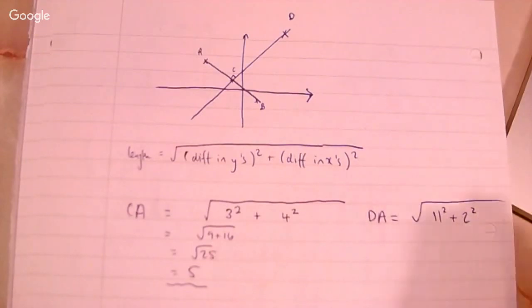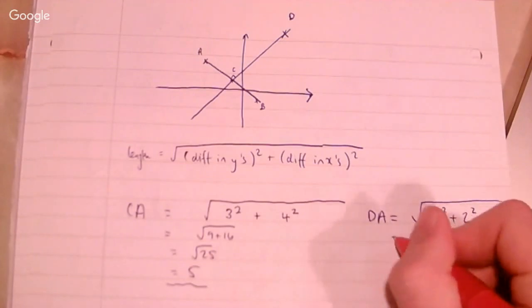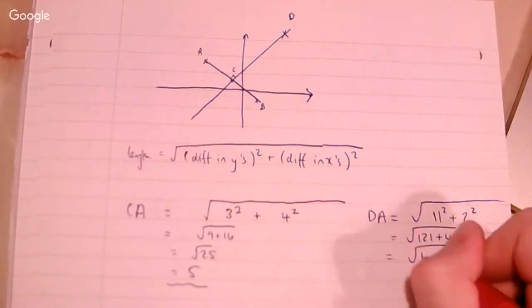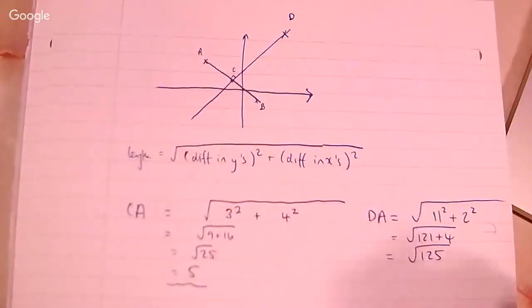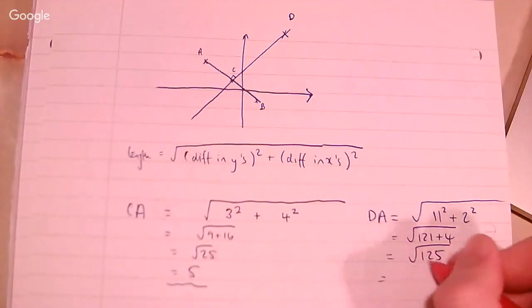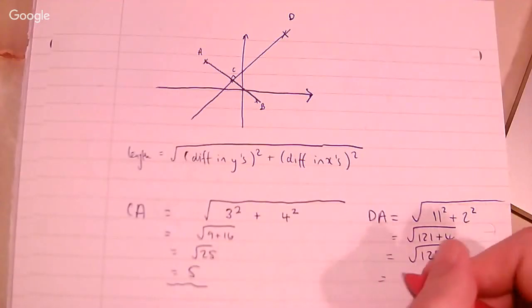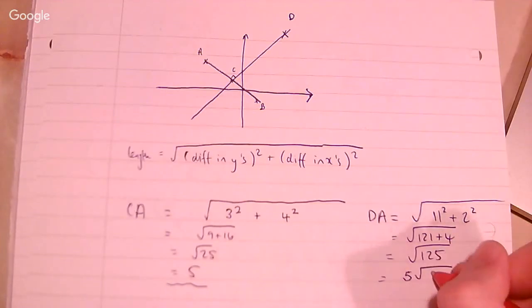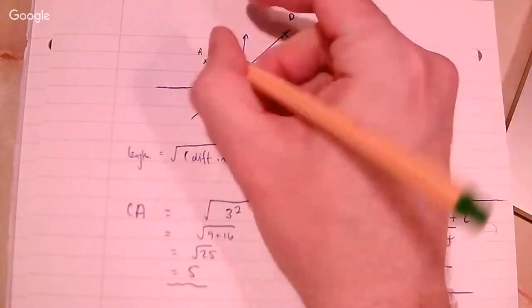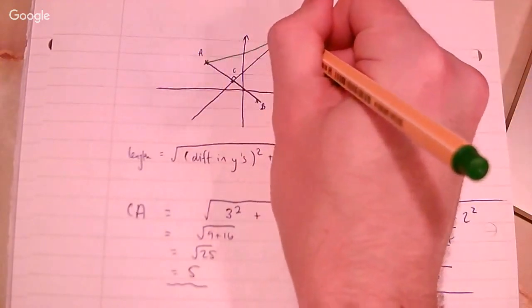So that would be 11 squared plus 2 squared, which is 121 plus 4, which is 125. In surd form, I know 25 goes into that, so the square root of 25 is 5, and then still in the square root, 5. Looking at the diagram, that looks about right. CA is quite short compared to DA, which is quite long.